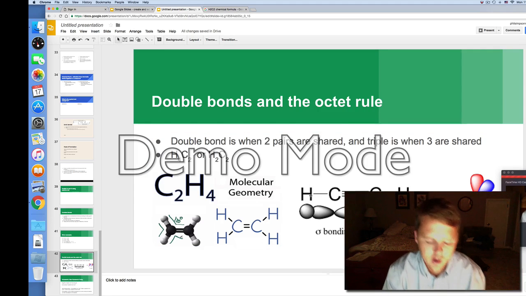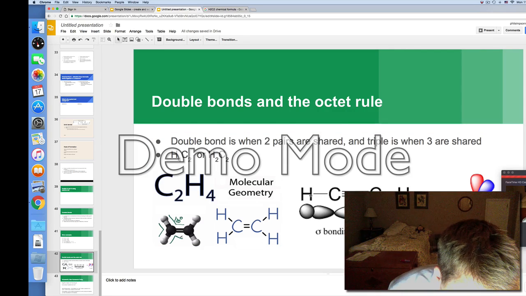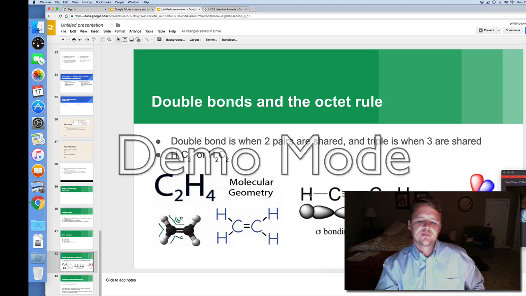So, to figure out what the formula would be, you just have to draw it out. You know the H is going to have 1 bond to the carbon, and the carbon will need to have 3 bonds to something else, and the only thing it can bond to is the carbon, then to the hydrogen.